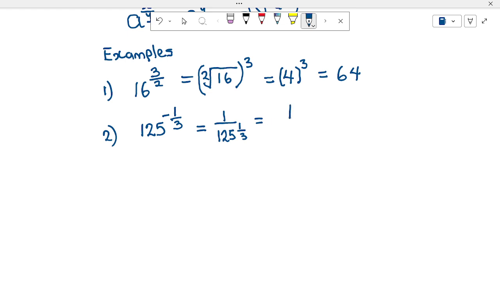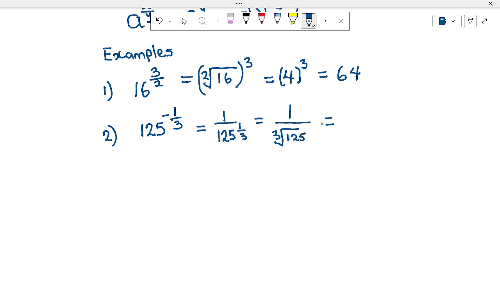So, to go further, we then have 1 all over the cube root of 125. What's the cube root of 125? What will you multiply 3 times to give you 125?